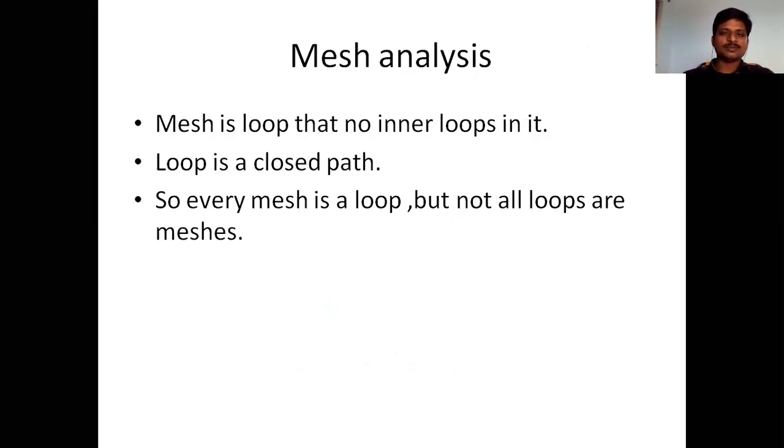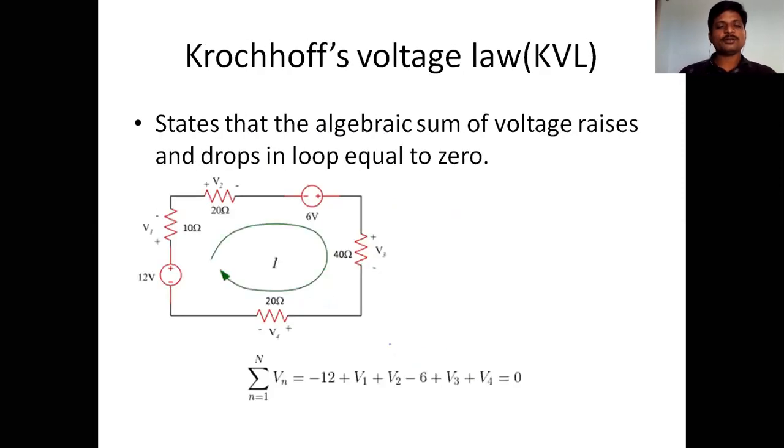Mesh analysis means, first you need to understand what a mesh is. Mesh is nothing but a loop. Loop means closed path, so mesh is also a closed path. Suppose you take this loop, you have only one loop here, so you can call it a mesh.